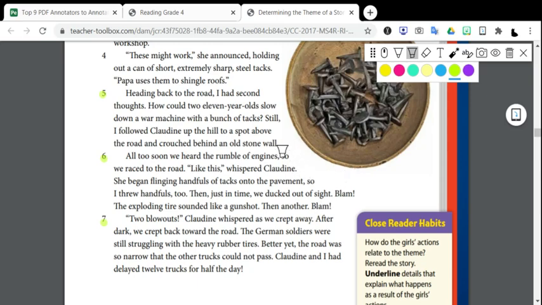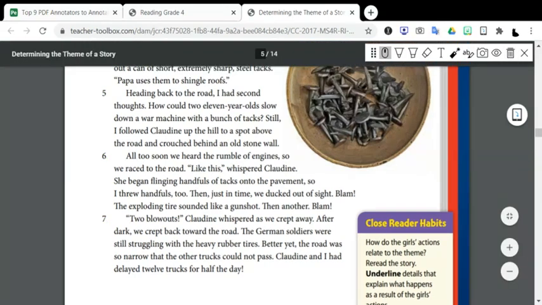Let's go to the second question. Which statement best describes how events in paragraphs 5, 6, and 7 are important to the theme of the story? And for that, we're going to go back to the previous page and look at 5, 6, and 7.